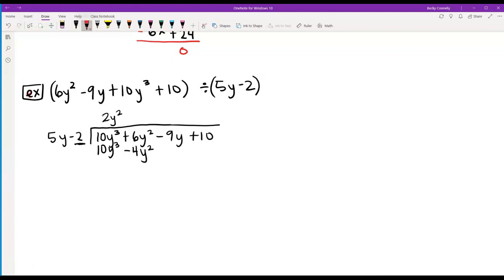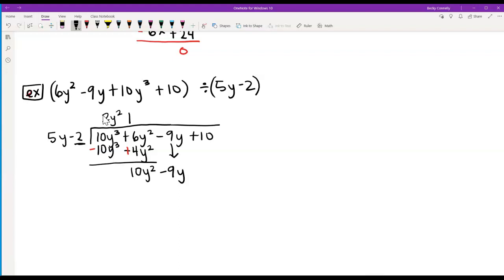All right, then the next step is to change signs, which will leave us 10y to the second power. And then I need to bring down my next term, so my negative 9y, and then start it again. So what times 5y gives me 10y squared?